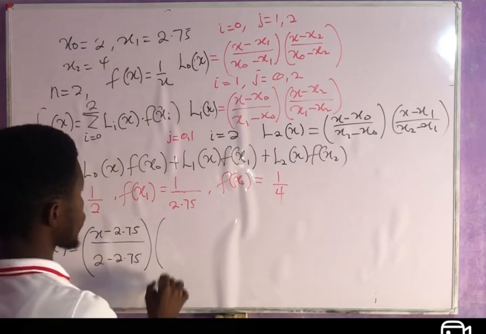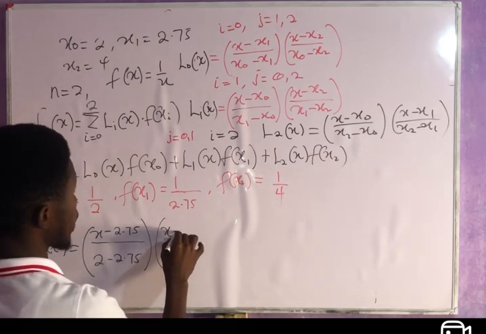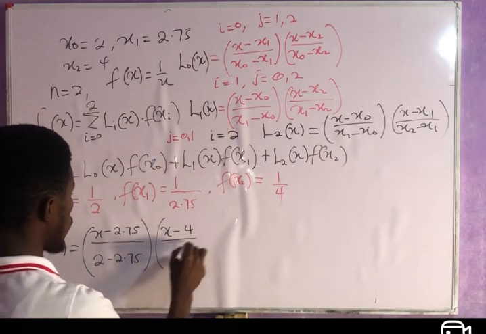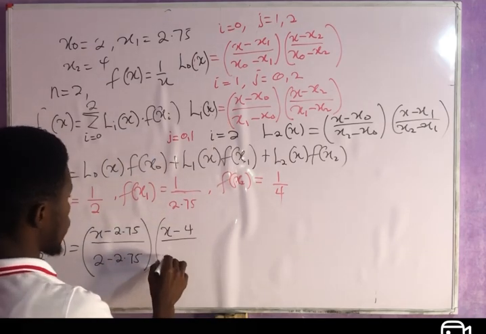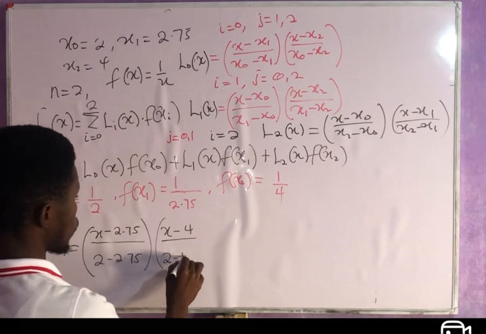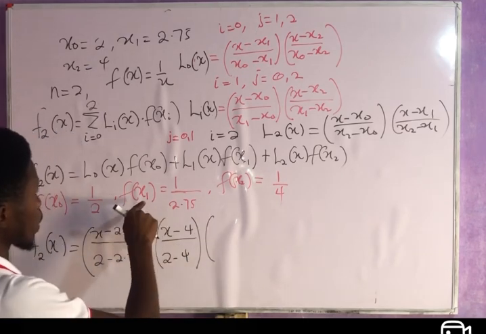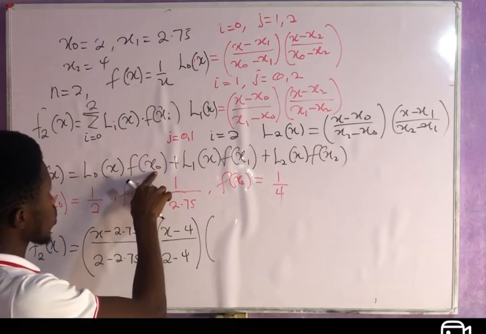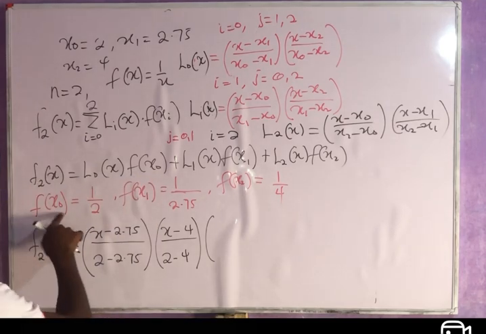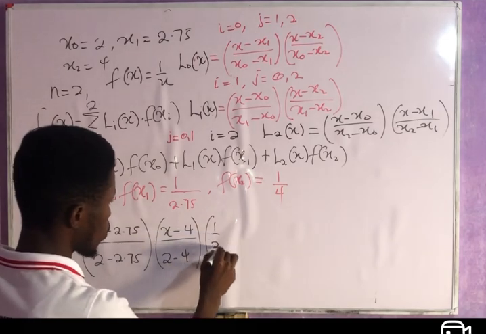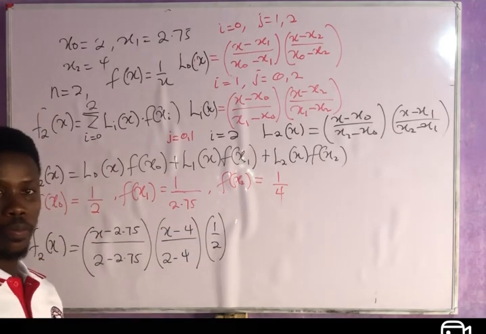So I have x minus x2, which is 4, over 2 minus 4. And the whole of this is multiplying f of x naught. Where is our f of x naught? f of x naught is half, so the whole of this is multiplying half.